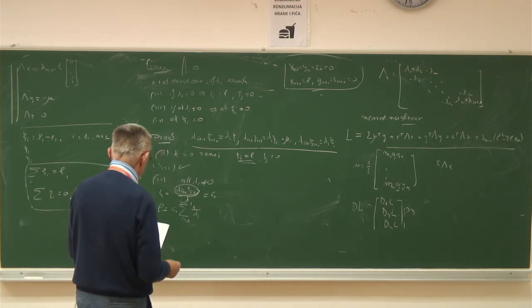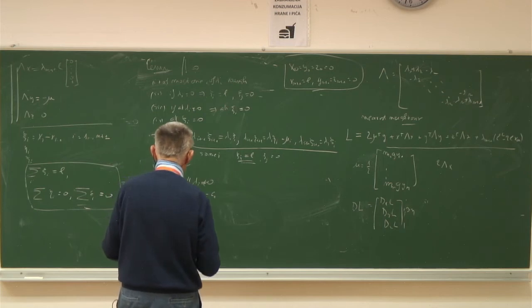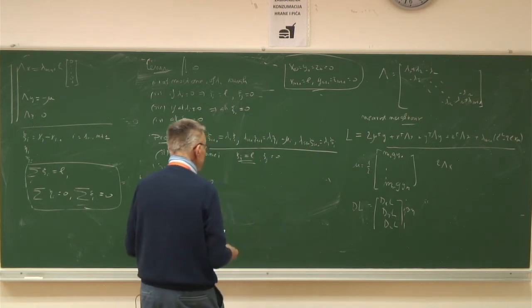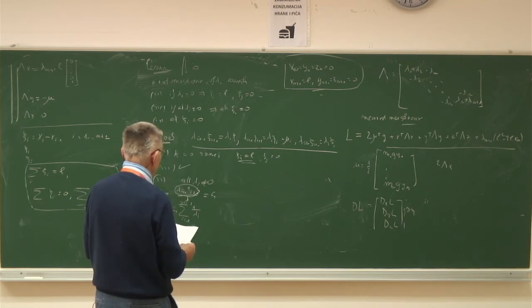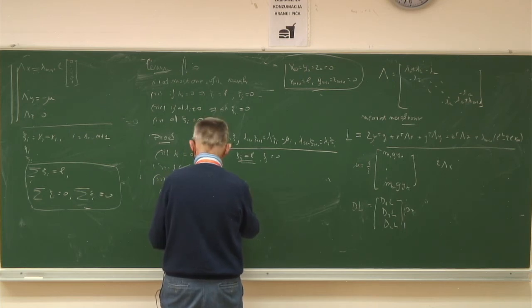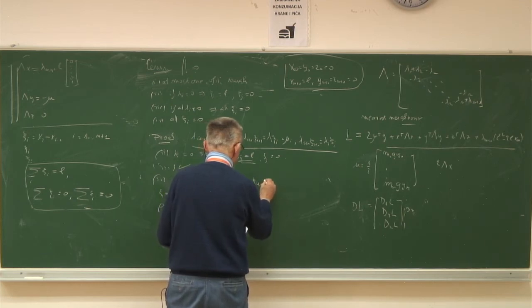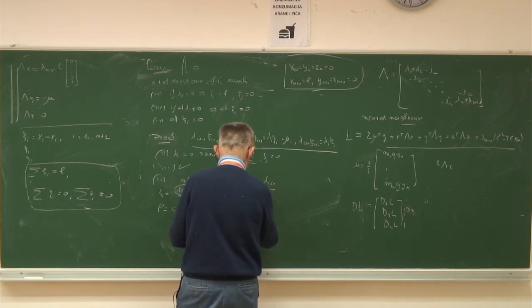But now, from here, you can also write down zeta_i is equal to zeta_{i+1} lambda_{i+1} over lambda_i.